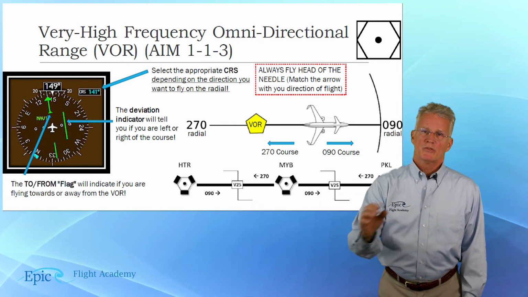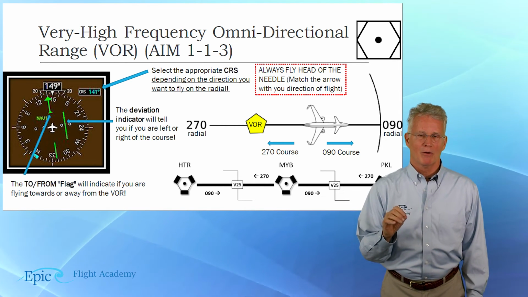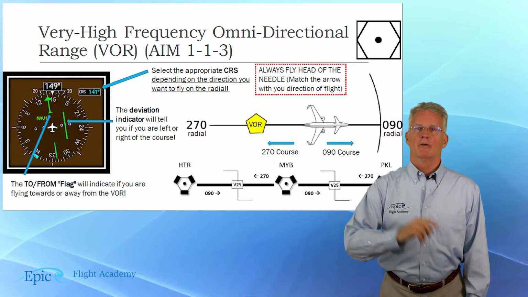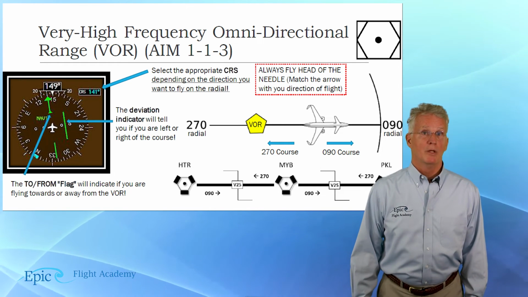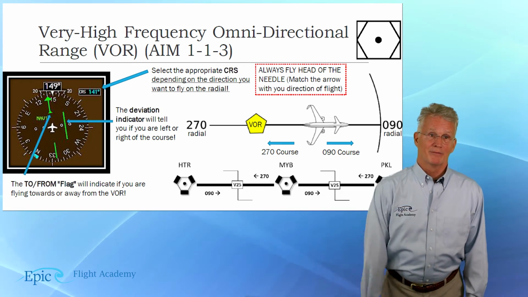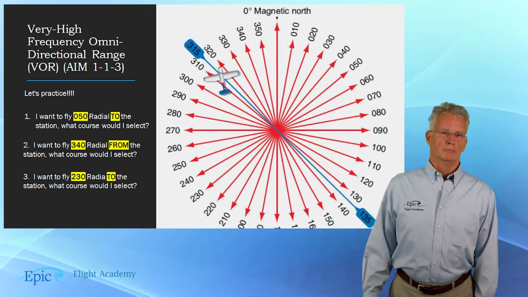So always fly the head of the needle and match the arrow with your direction of flight. Now, your flight instructor is going to review this in detail with you in the simulator and in the aircraft. Let's just go to this last slide and practice a couple.